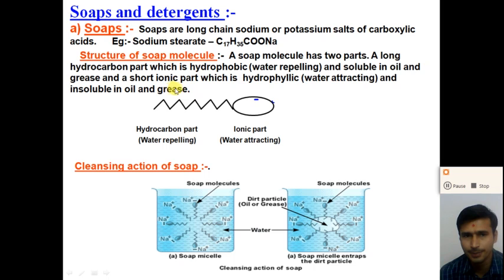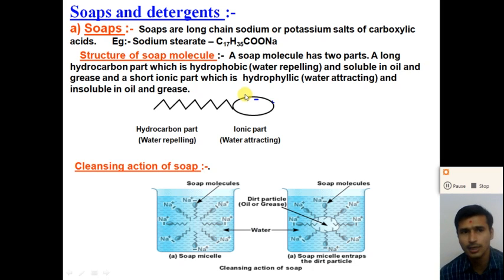And a short ionic part, which is hydrophilic, water attracting, and insoluble in oil and grease. So in this long chain, two parts are there.